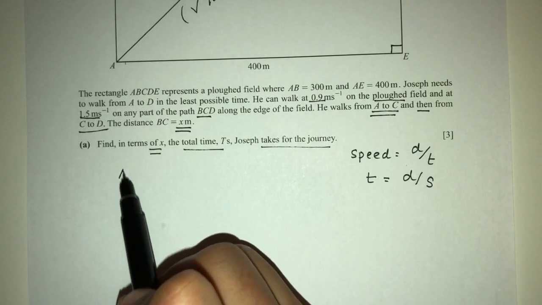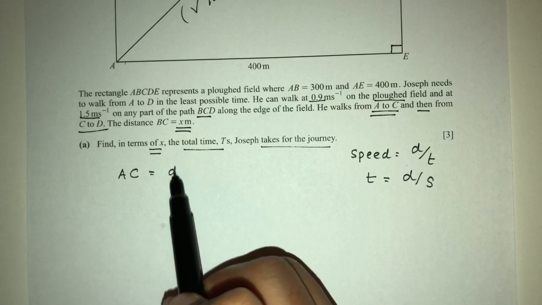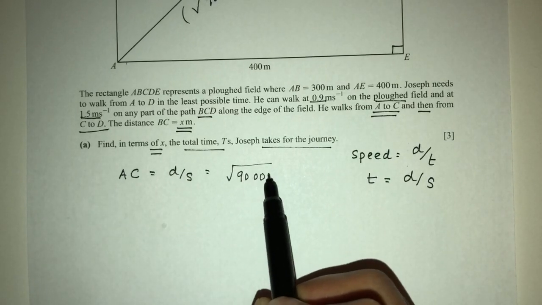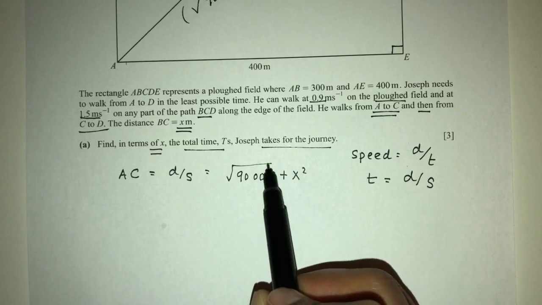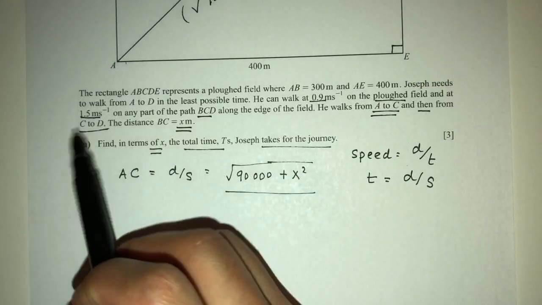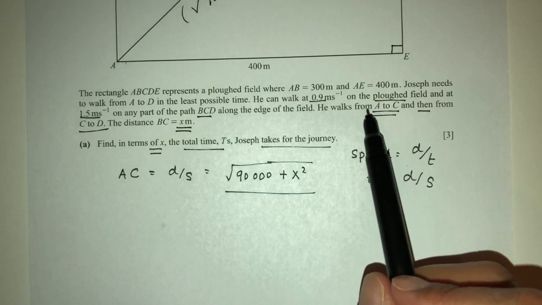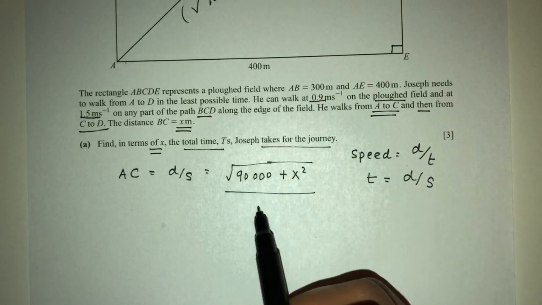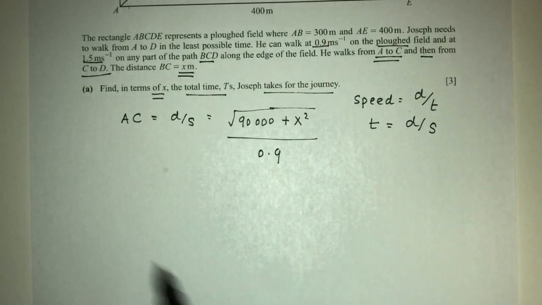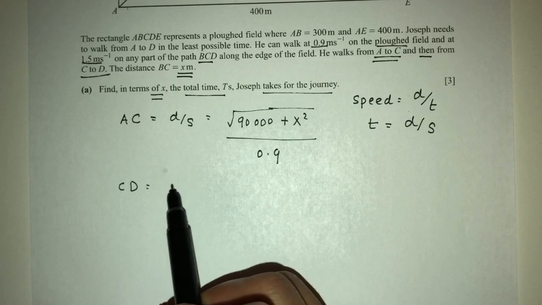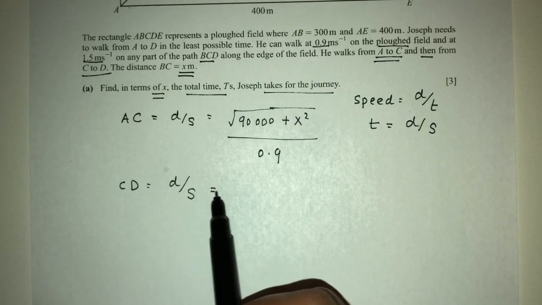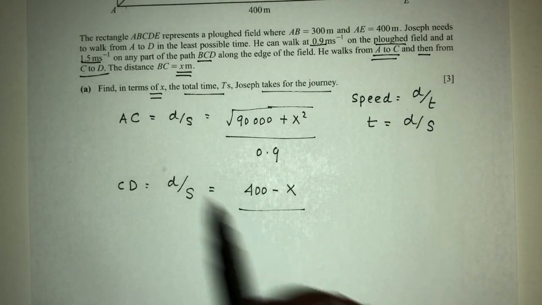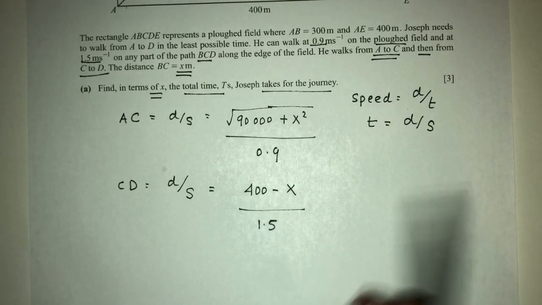So we have 2 parts. For AC, the distance divided by speed will be root of 90,000 plus x square divided by the speed, 0.9, since he walks on the plowed field. Now from C to D, again distance divided by speed: distance is 400 minus x divided by speed 1.5, given to us right here.